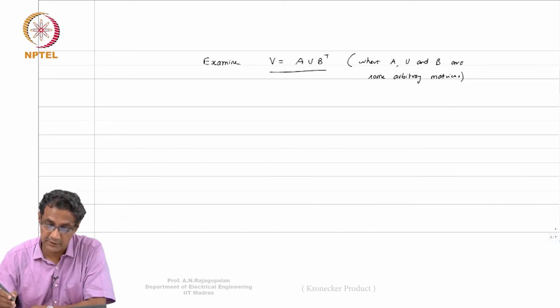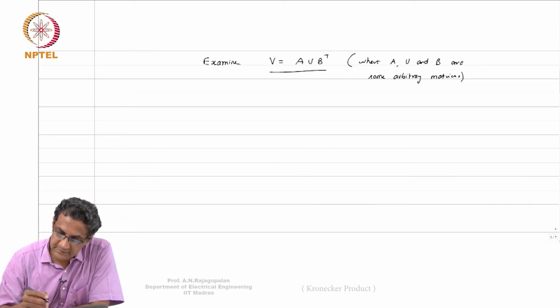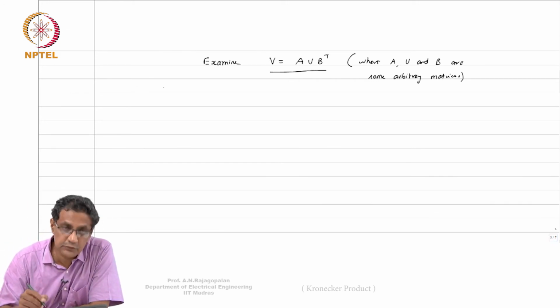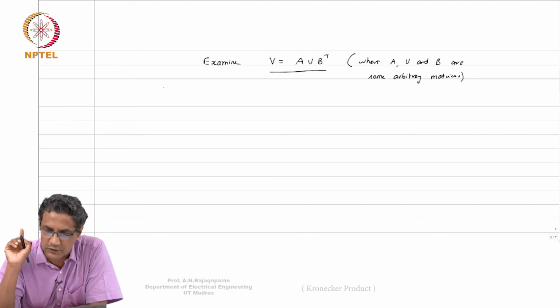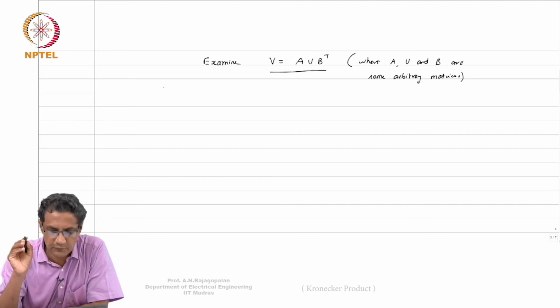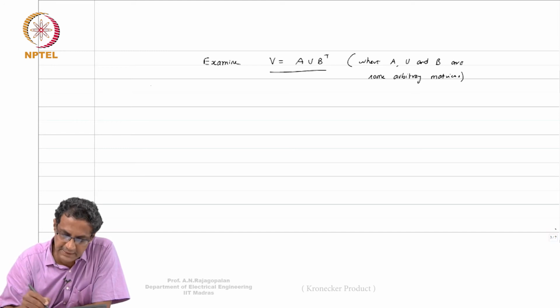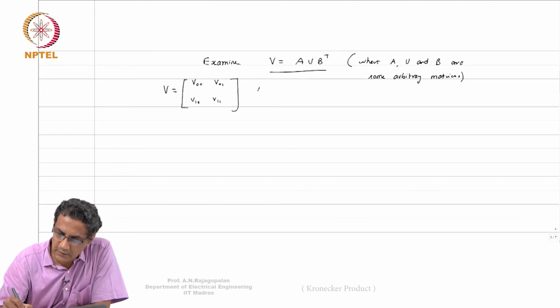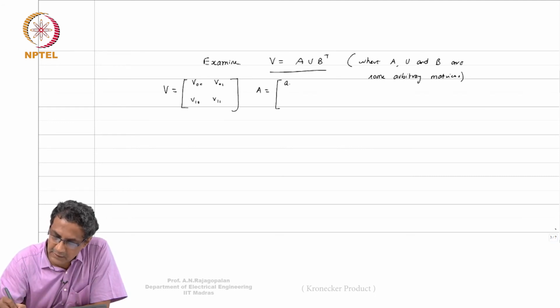So the point is, let me show it for a small example, a 2 cross 2. I'm going to show it and then I leave it to you to write a MATLAB code and show it for any case. Now let V have entries V00, V01, V10, V11. This we would like to finish today, at all costs.